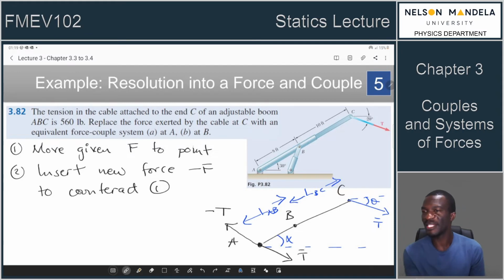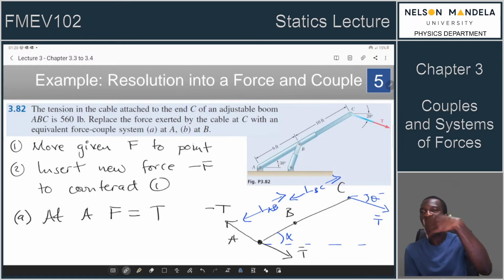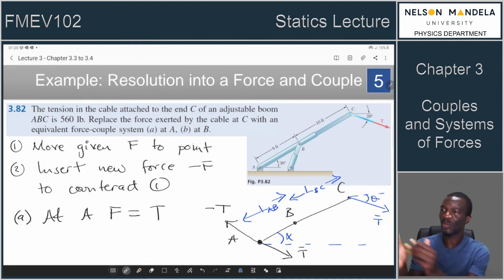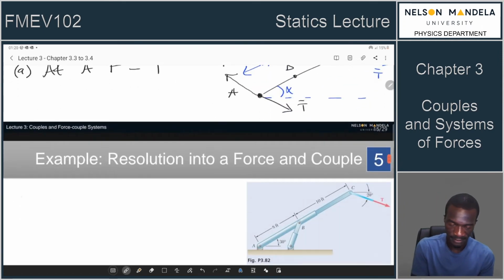So how do we then find this force? This force is simply T. So when they want us to state what force it is, then the force is actually T. Which means for part A, at point A, the force is actually T. So you can write its magnitude and direction according to the diagram that's given. How about the couple?